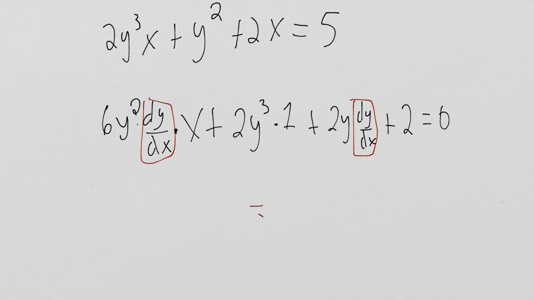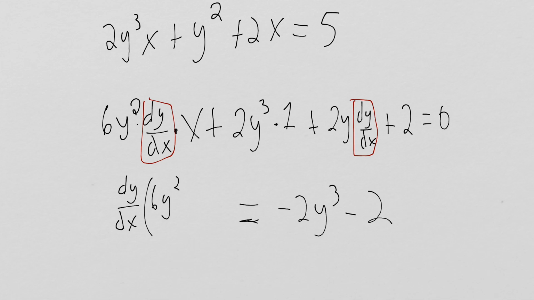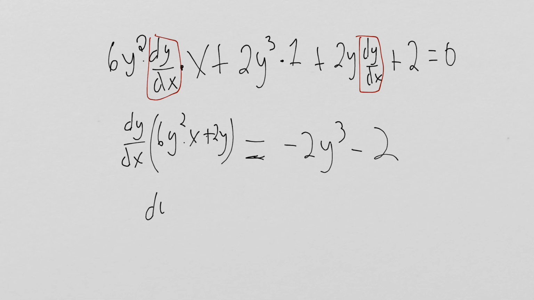So on one side we're going to have a negative 2y cubed minus 2, because we're subtracting over that and we're subtracting over that. Every remaining piece has a dy/dx, so we're going to factor out our dy/dx. What's left over is 6y squared times x, and then plus 2y. Okay.